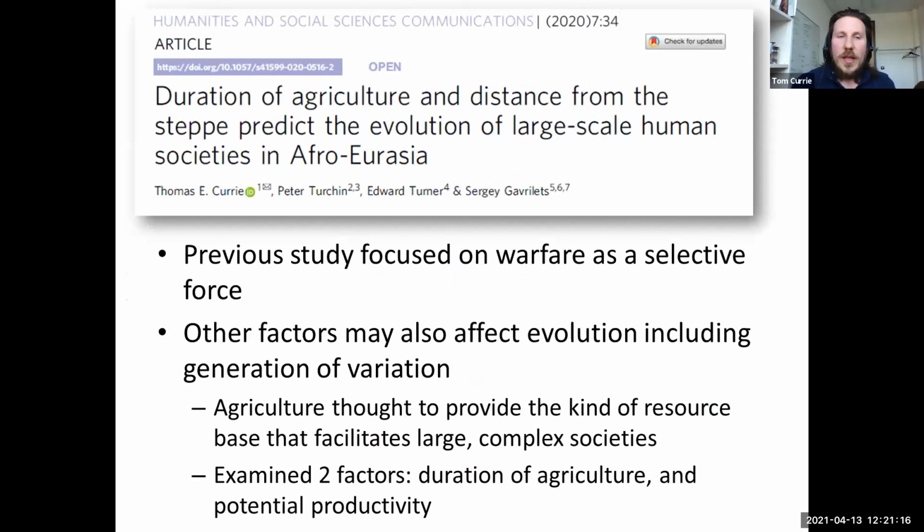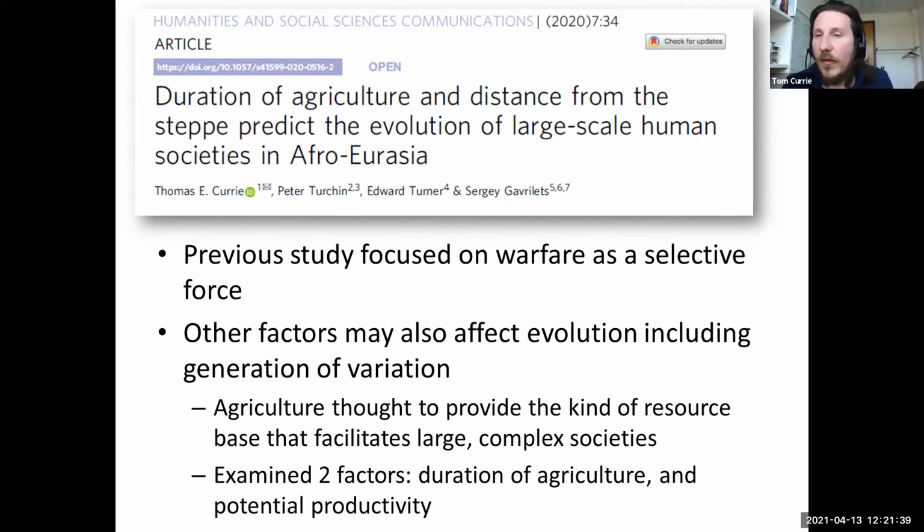In this follow-up paper that came out last year, we attempted to do this using statistical analysis, looking at different predictors of the same data we used in that previous paper. In that previous paper, we were obviously focused on this idea of warfare as a selective force, but it's also matching up to evolutionary theory still.